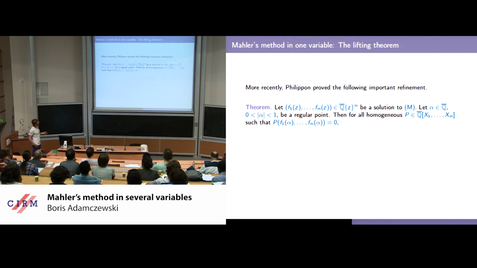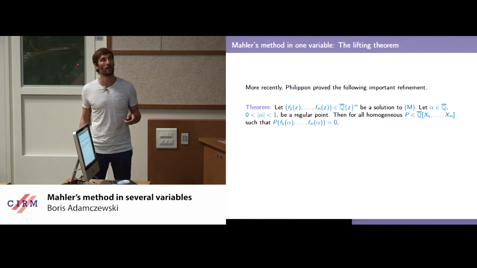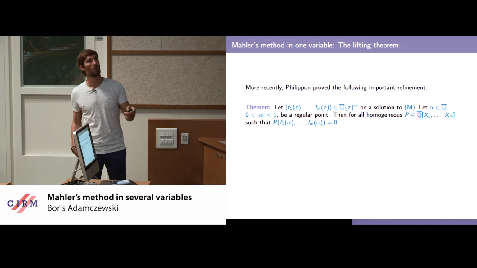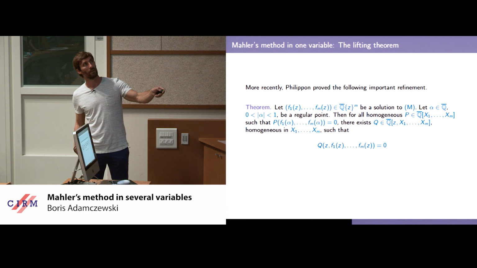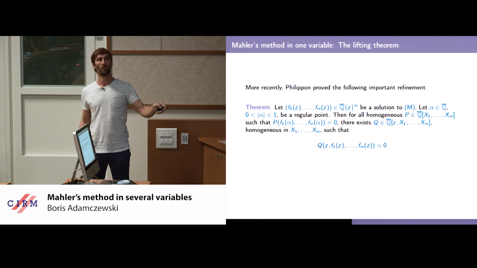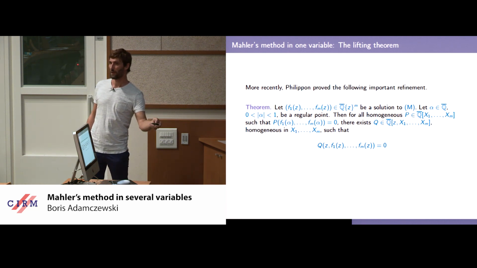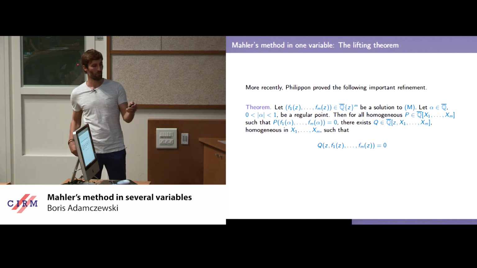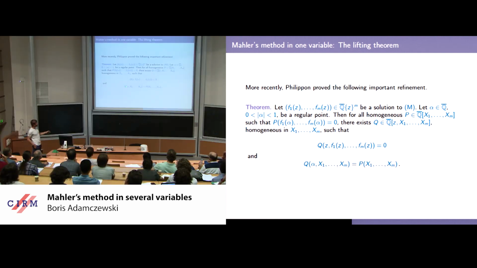The version I quote here is slightly stronger than the one obtained by Philippon, and this is a version I obtained with Colin Faverjon in another joint work. It says that if I have one algebraic relation between the values, then there exists another homogeneous relation between the functions, such that if I specialize the variable z to alpha, I get my first relation.